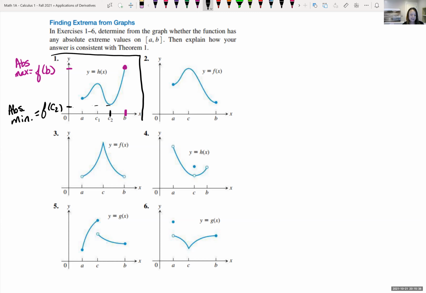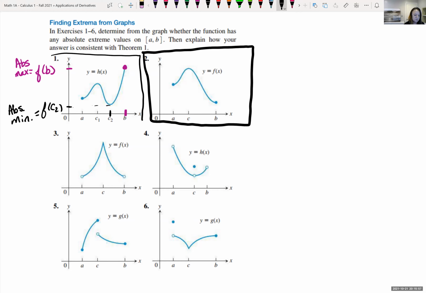Same idea for number 2. Notice that this is a continuous function, and because my endpoints are closed circles, it's stopping there, so it's on a closed interval.